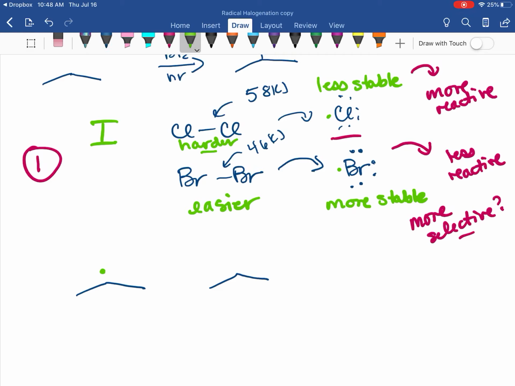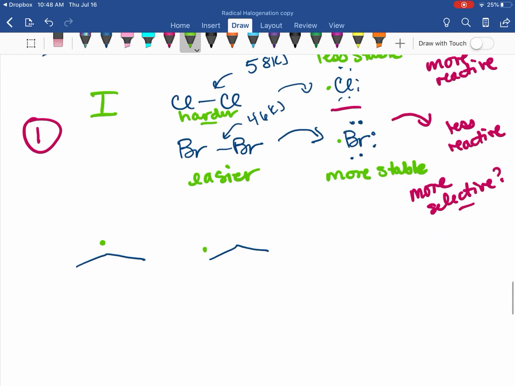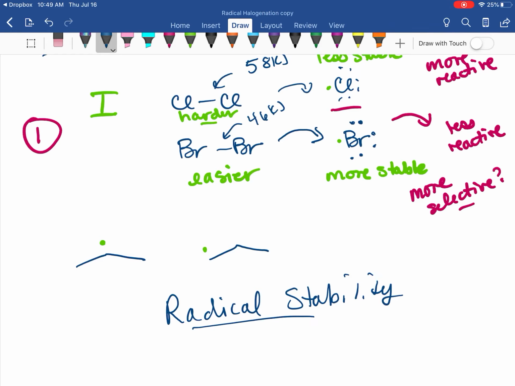Here's number two, in our actual radical that we form, isn't that different as well? Yes. So is there a difference between the hydrogens that you take in order to make this radical? Yes. In fact, we're going to call this radical stability.